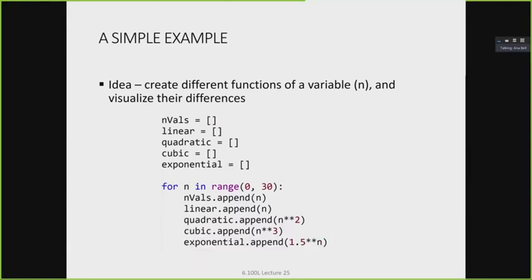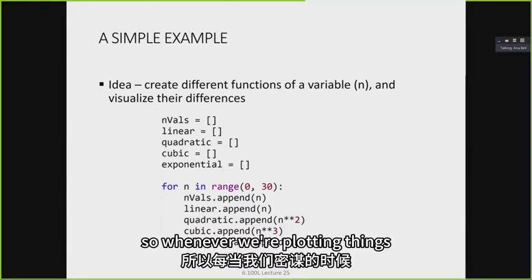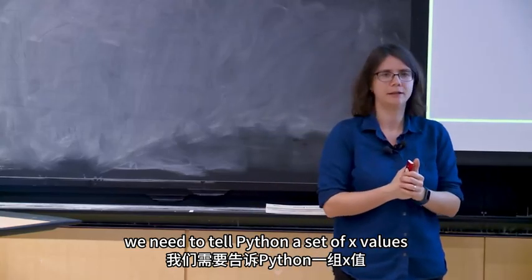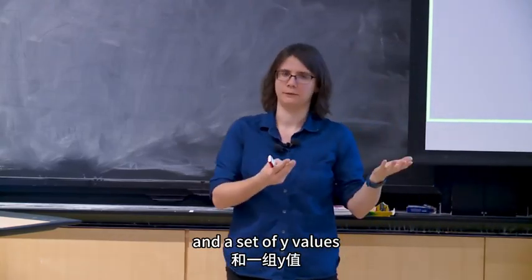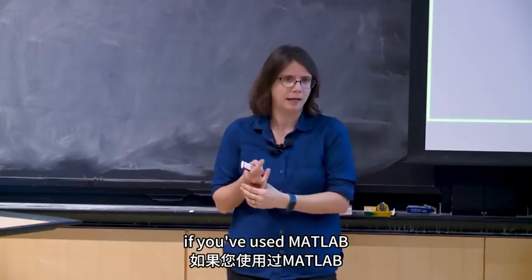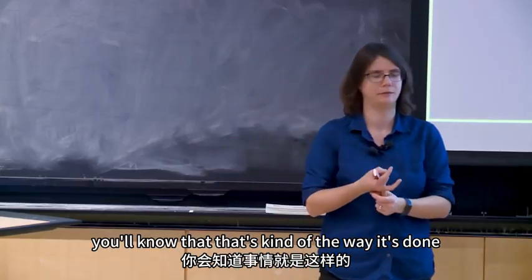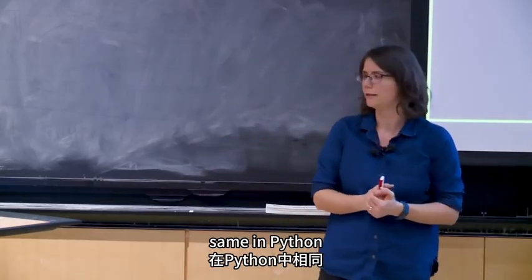Whenever we're plotting things, we need to tell Python a set of x values and a set of y values. That's pretty common. If you've used MATLAB, you'll know that's the way it's done. Same in Python.